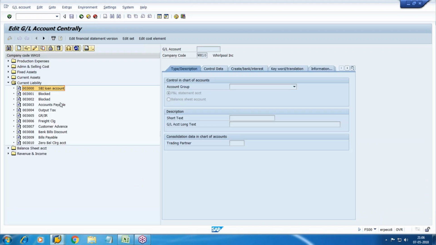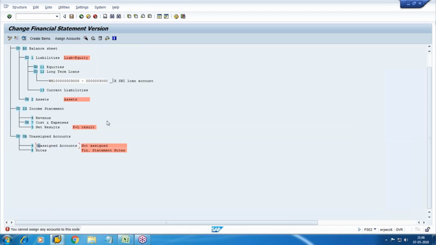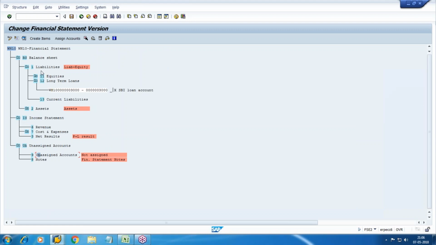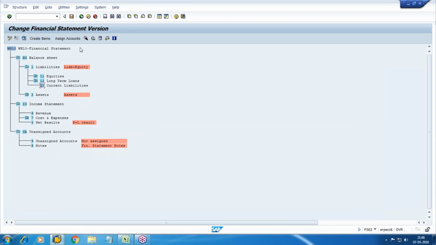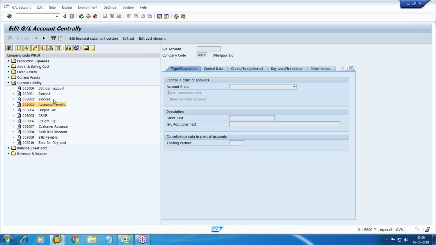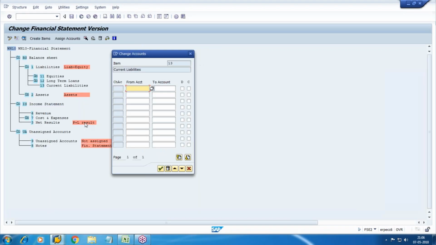We'll see. Then accounts payable, current liability. Select assign 3003. This should be accounts payable, means normal credit balance, debit balance maybe.